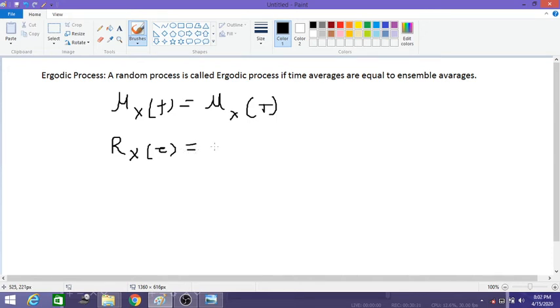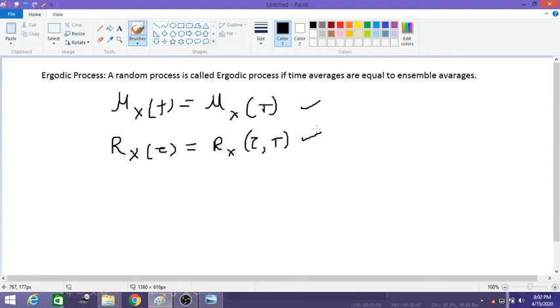So Rx of tau is equal to Rx of tau comma t. If this condition is satisfied, then we say that it is an ergodic random process. Now we will see one or two examples on this ergodic random process, then we will wind up this tutorial.